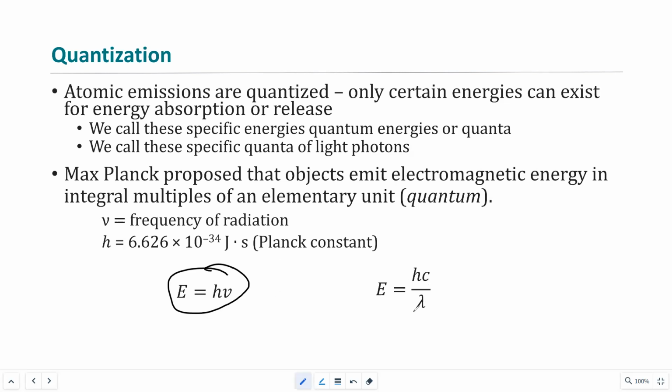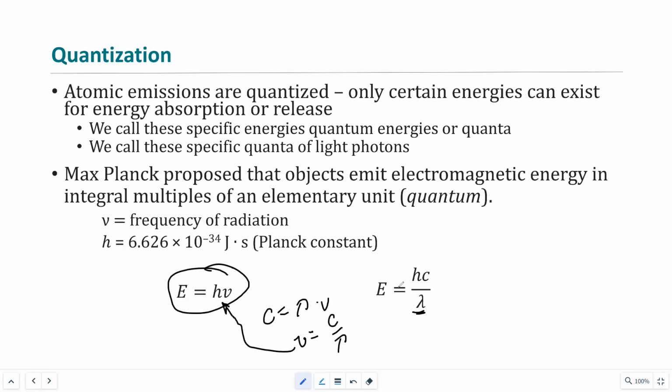Now, since often we are looking at things in terms of wavelength instead of frequency, what we've done here is we've taken that speed of light equation and we've twisted it around and substituted to give us this equation.